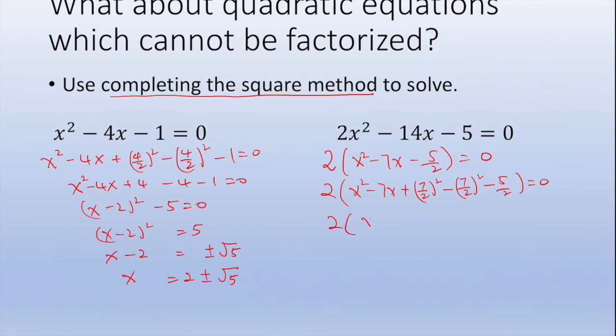Therefore, 2 times (x minus 7 over 2) squared minus, oops, I forgot the square, minus 49 over 4 minus 5 over 2 equals 0.